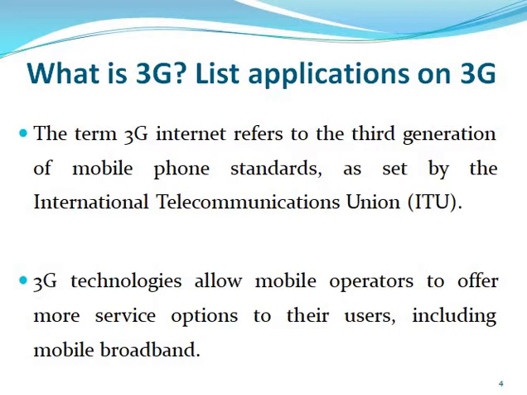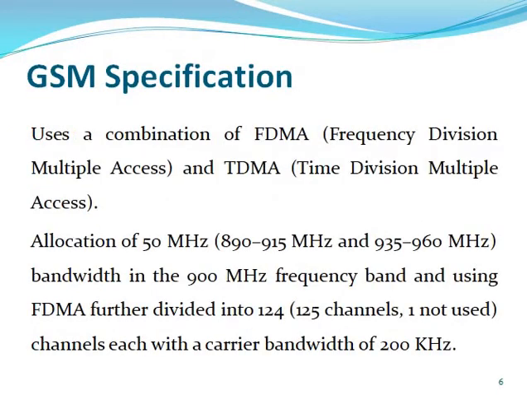Now we can see what the GSM module is and what the GSM specification is. It uses a combination of FDMA and TDMA. It allocates 50 MHz of bandwidth in the 900 MHz frequency band, and using FDMA this is further divided into 124 channels, so 125 is one channel that is not used.